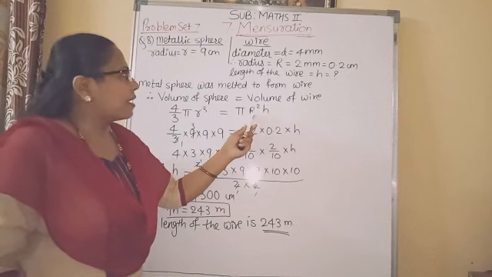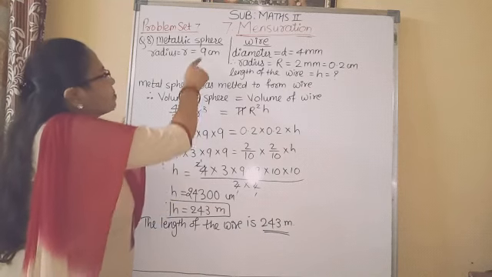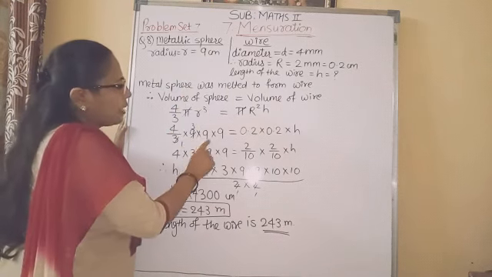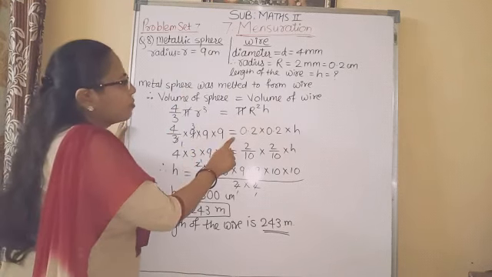R we consider capital R. Okay. On both the sides this pi gets cancelled. So here 4 upon 3 into r cube. Radius of sphere is 9, so 9 into 9 into 9 equal to radius of wire is 0.2, so 0.2 into 0.2 into h.